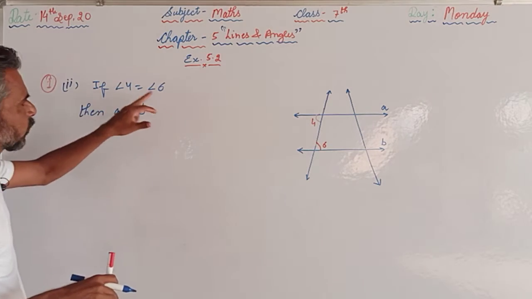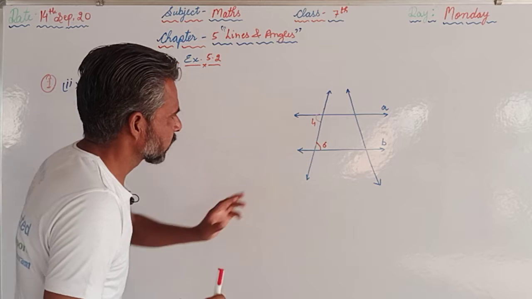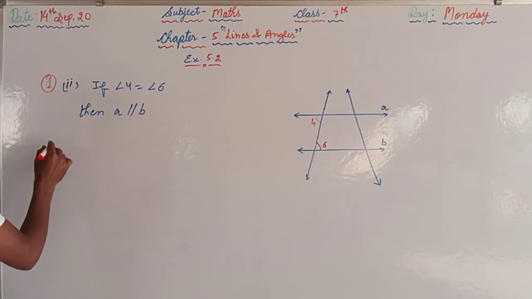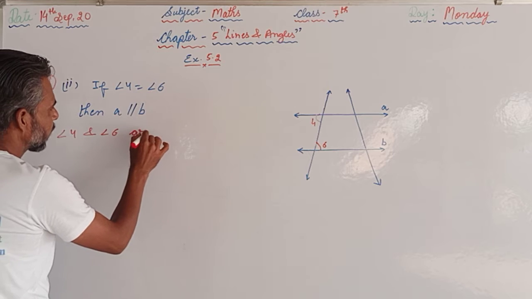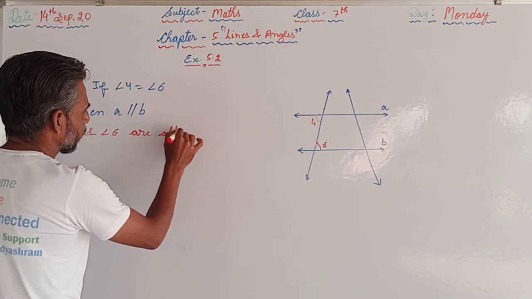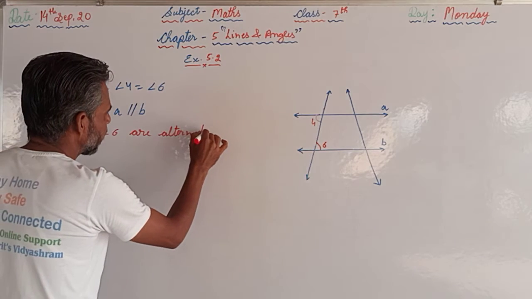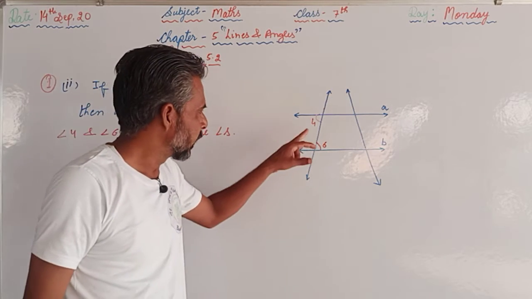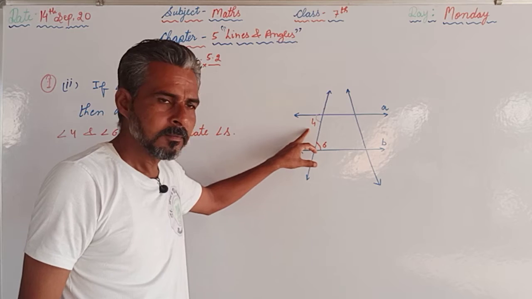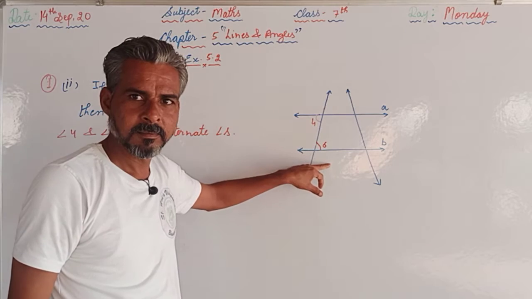So angle 4 is equal to angle 6. Angle 4 and angle 6 are alternate angles. Alternate angles means interior angles on the different side.